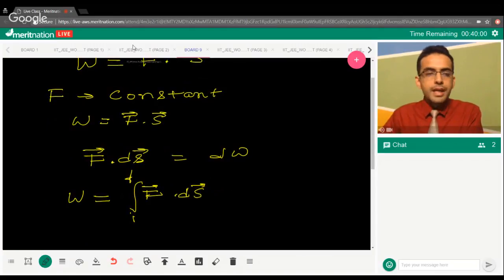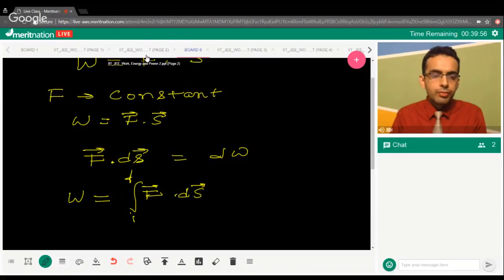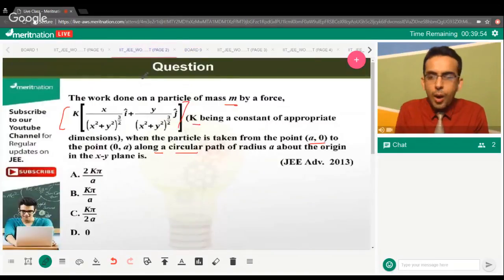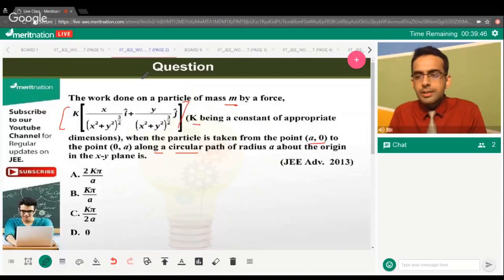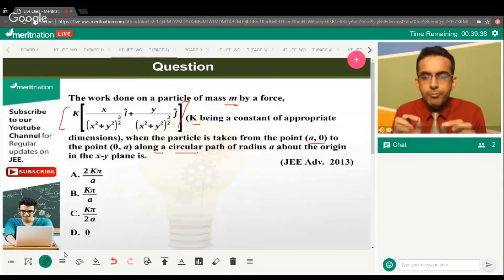So in this given question, a very complex function is given, right? And one hint is given that the particle is moving along a circular path. Students, little knowledge of mathematics and coordinate geometry is required for this question.